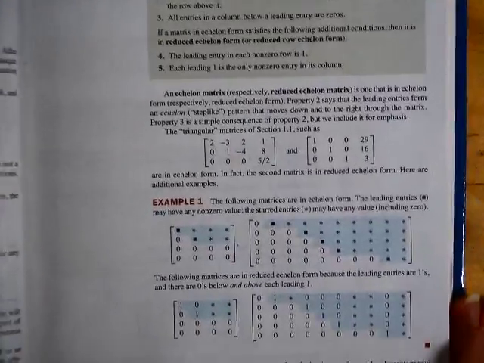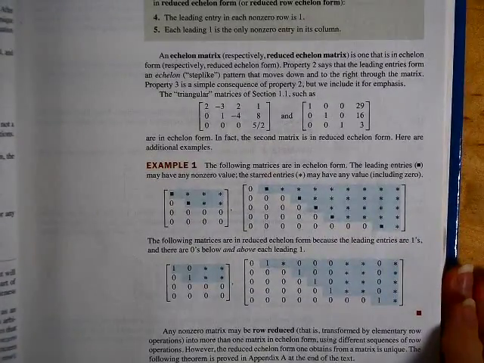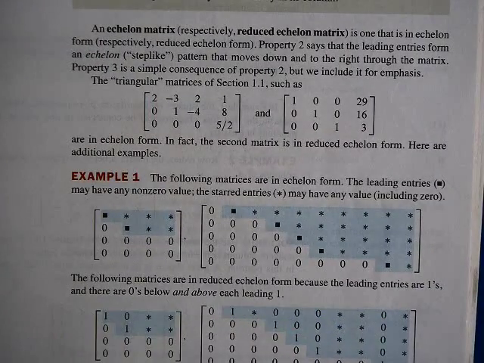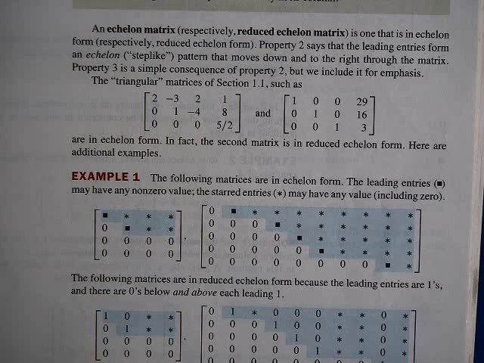All right, here are some examples in your book. These matrices are in echelon form. These rows of all zeros are at the bottom. The leading entry is to the right of the one above it. And underneath the leading entry is all zeros.